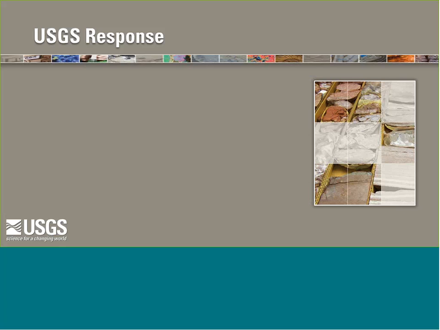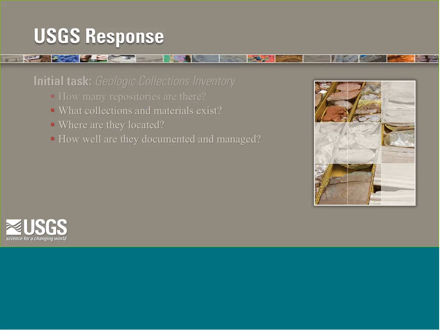So the USGS response to all of these encouragements and suggestions was to do two major tasks. The initial task was to conduct a geologic collections inventory, to determine some basic questions and find out the answers: what repositories are out there, what collections and materials comprise what these repositories are caring for, where are they located, how well are they documented, how much do we know about them.